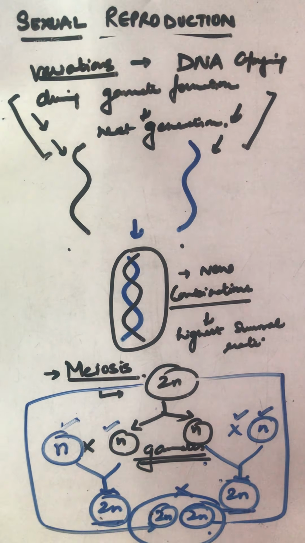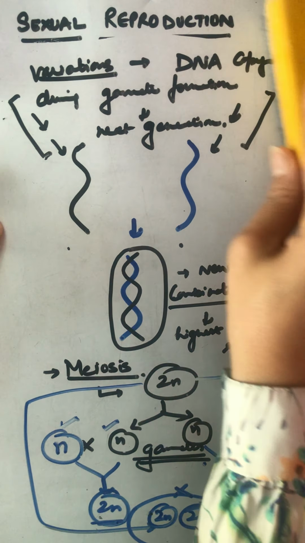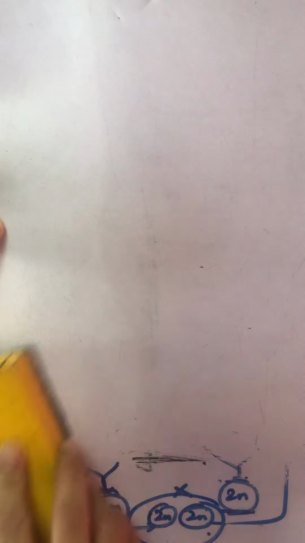Now, we talk about the two types of sexual reproduction that we have to study in this chapter. One is in plants and another one is in human beings or animals. First of all, sexual reproduction in plants.